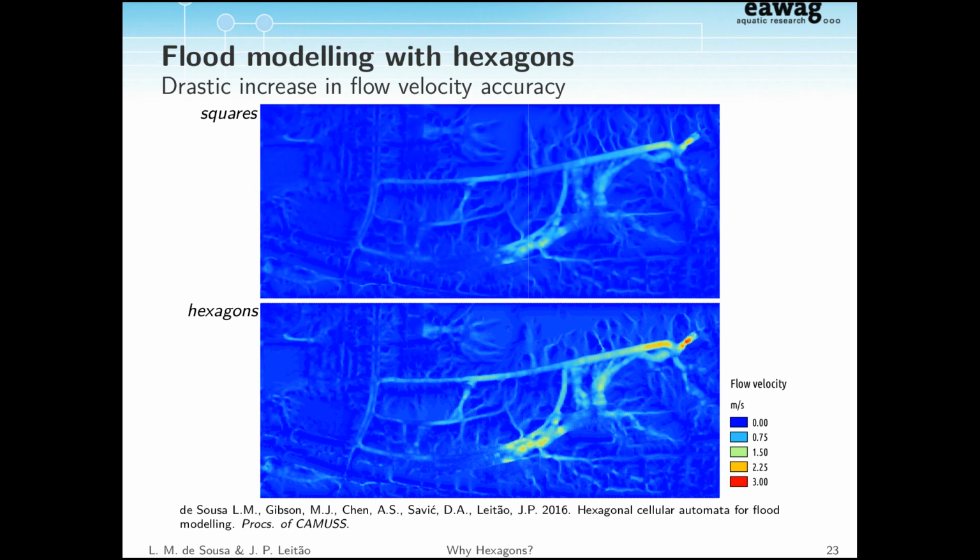And a posteriori we verify that the hexagons are much more accurate. So what we can understand from this work is that hexagons provide a much more precise picture of the hazards created by flooding than squares.